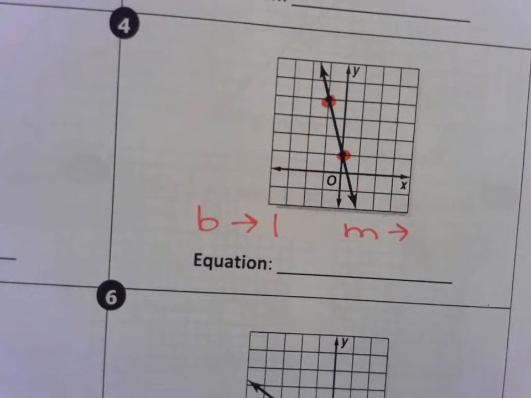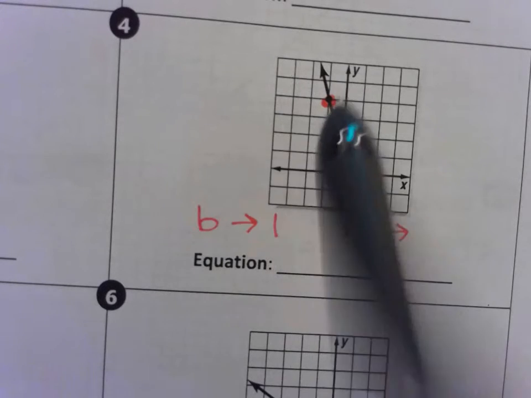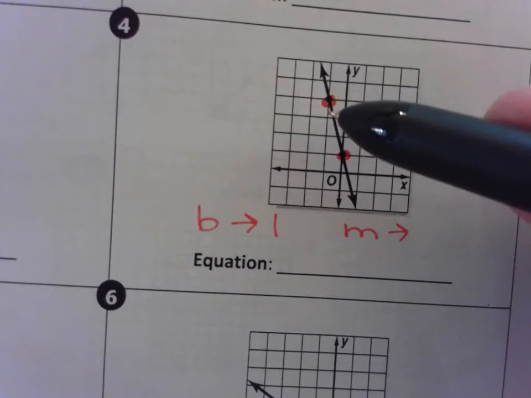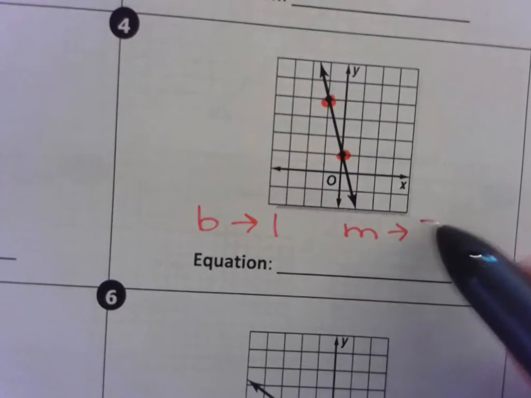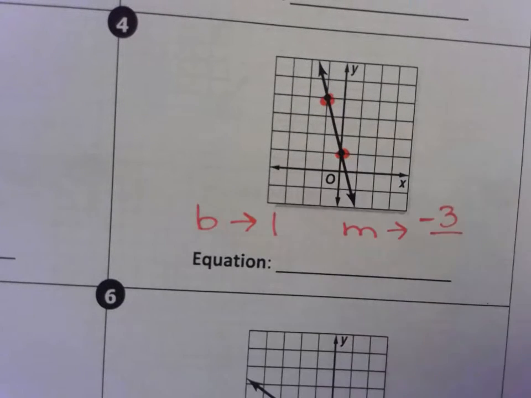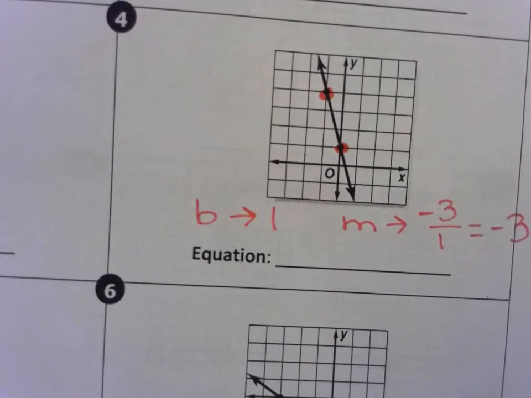Just by looking at it, my slope is negative. It's going down. So start with the left point. I go down 1, 2, 3. So negative 3 because I go down 3 and then I go right 1. So negative 3 over 1, which is negative 3.